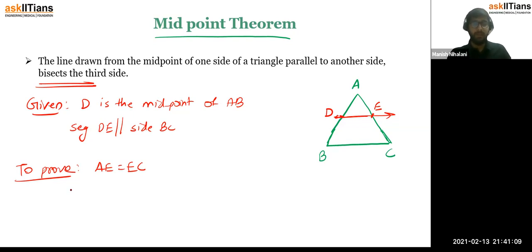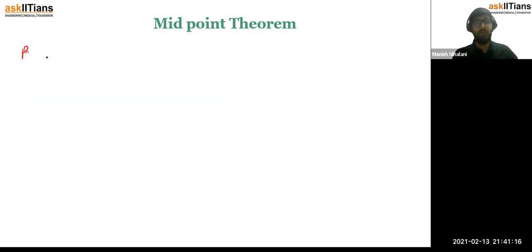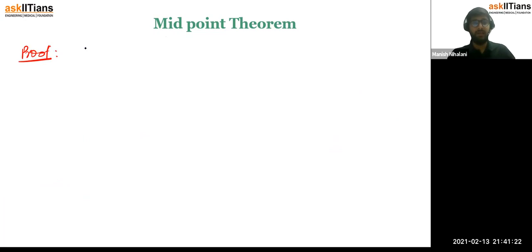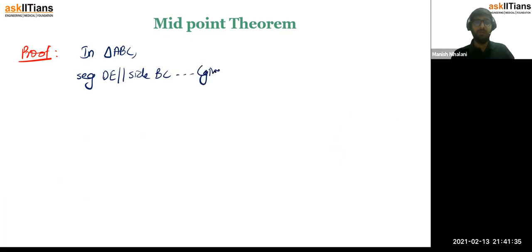So let's quickly start with this proof. We have drawn the diagram now. Let's also see its proof. The very first thing we say is that in triangle ABC, we know that segment DE is parallel to side BC, because this is given.